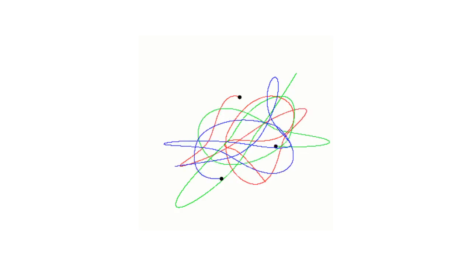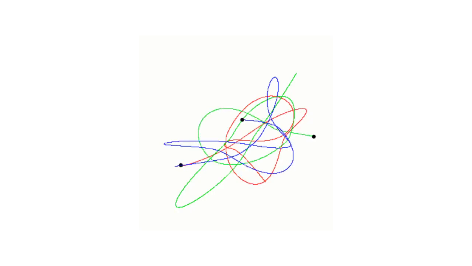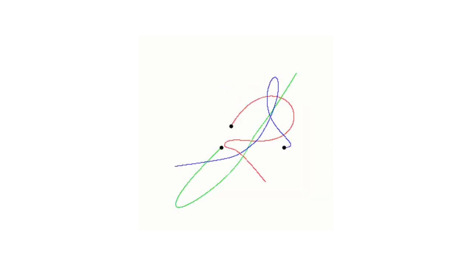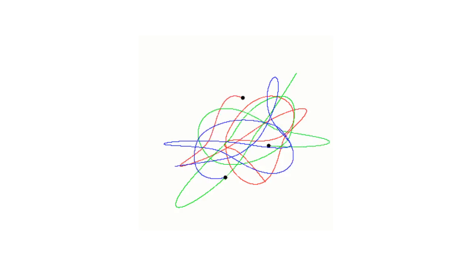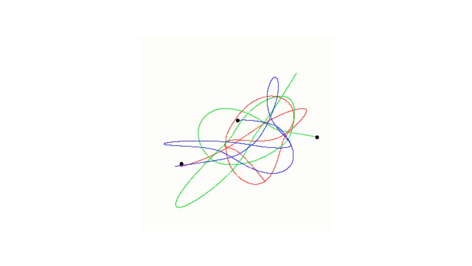What we are doing so far for the two-body problem is we want to look at the trajectory, we want to predict the trajectory, how long it's going to arrive there, what the speeds are, where the positions are. But in this case, the three-body problem, as you can see, it's haywire. You can't figure out where it's going to go afterwards, and it's very, very sensitive to initial conditions. That means if you change the initial conditions by a little bit, the trajectory is going to be completely different.